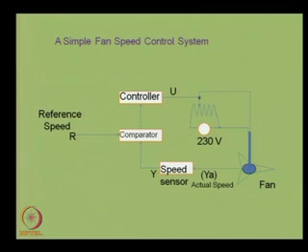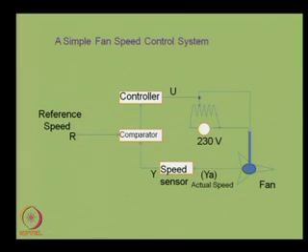For that, what does one have to do? One needs to put a controller in the loop and first sense the speed of the fan with the help of a speed sensor. The output of the speed sensor is known as Y, the measured speed, which is compared with the reference speed, often known as the desired output, and the difference is fed to a controller.